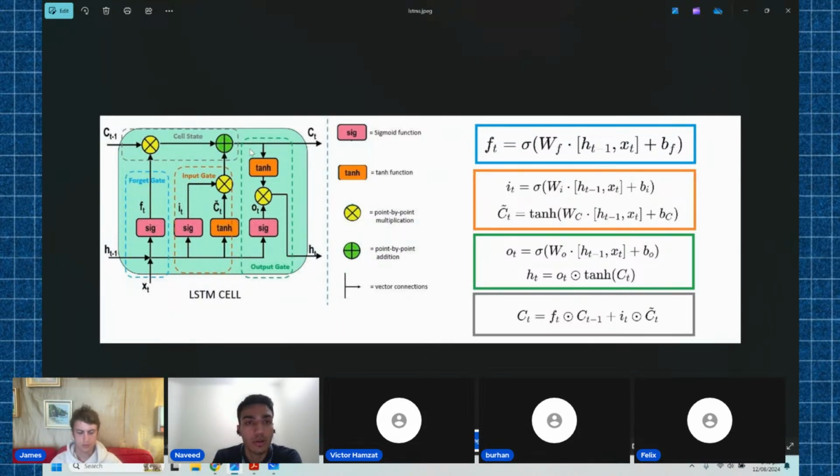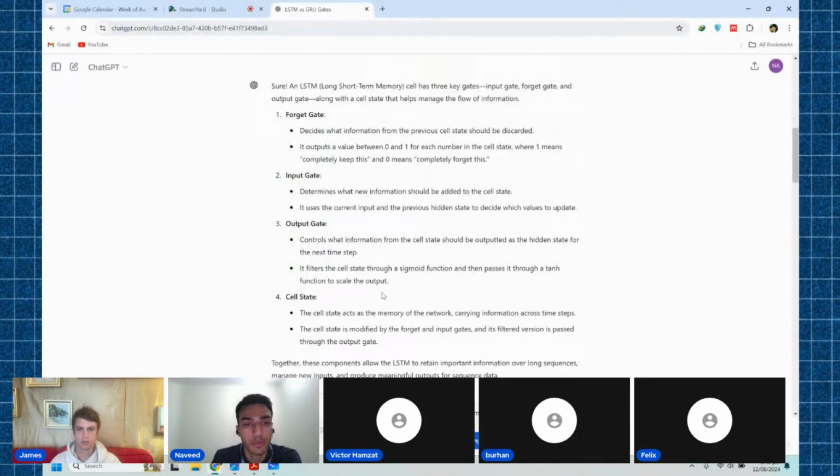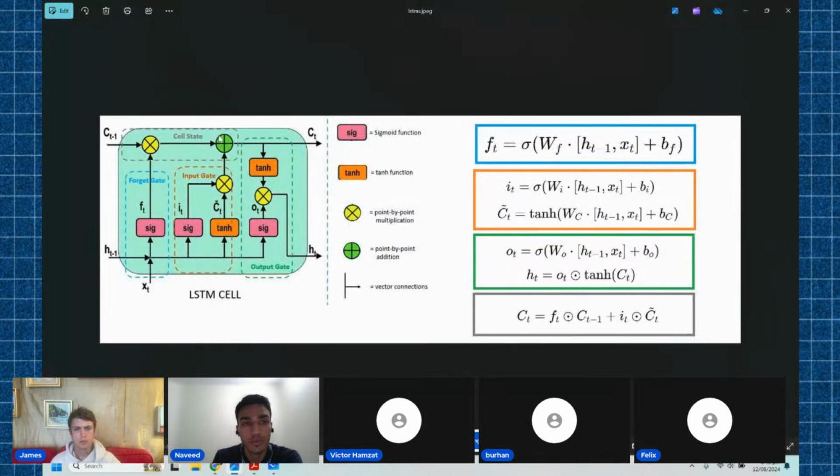And then on the top of it, you see this one long connection, which is called the cell state. What is the cell state responsible for? The cell state acts as the memory of the network, carrying information across time steps. The cell state is modified by the forget and input gates, and its filtered version is passed through the output gate. So this top connection that you see is where the term long is coming from in the long short-term memory cell.